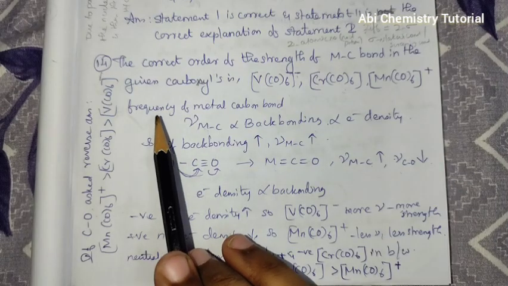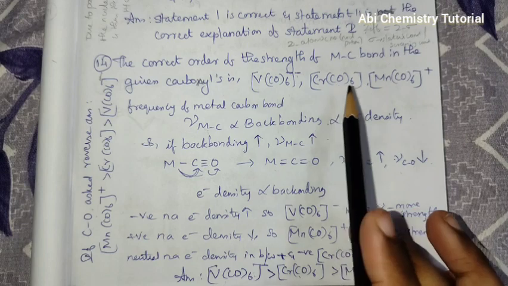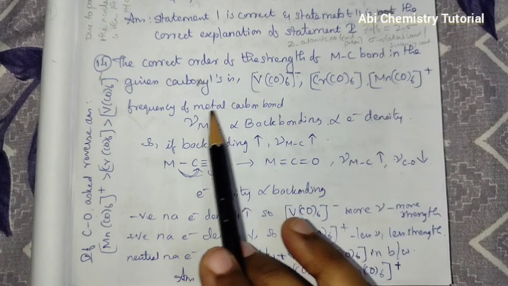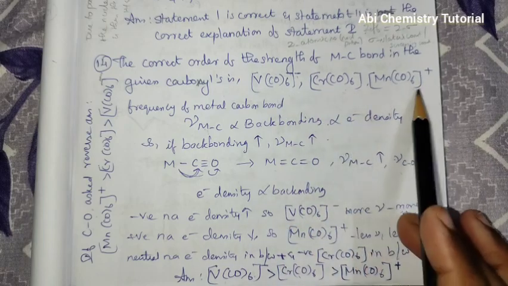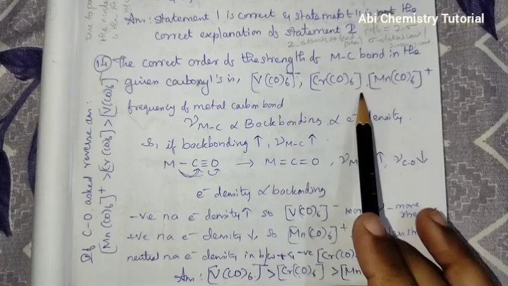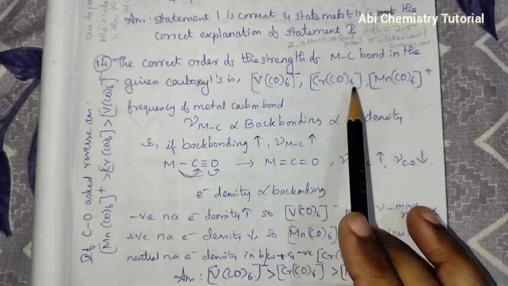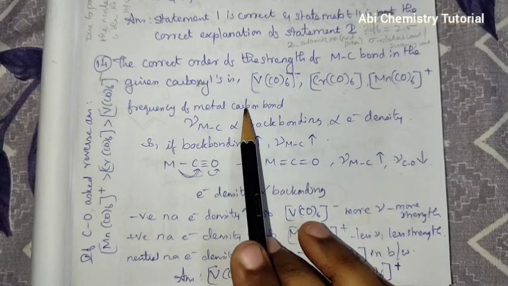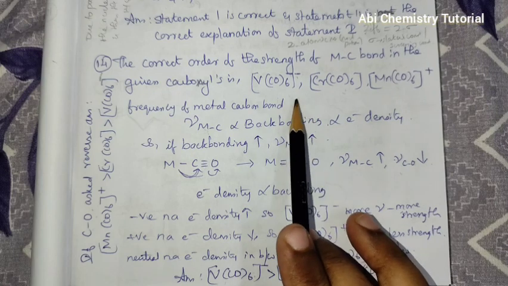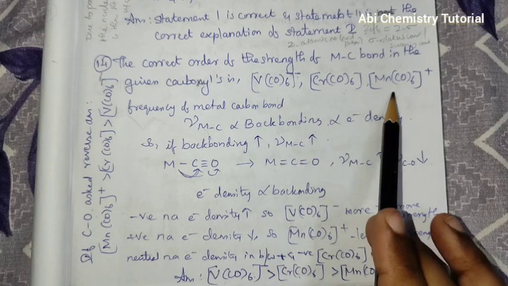The 14th question: the correct order of strength of the metal-carbon bond in the given carbonyls. Three carbonyl complexes are given, one with a negative charge, one neutral and one positive. Now we have to find which complex has more metal-carbon bond strength.